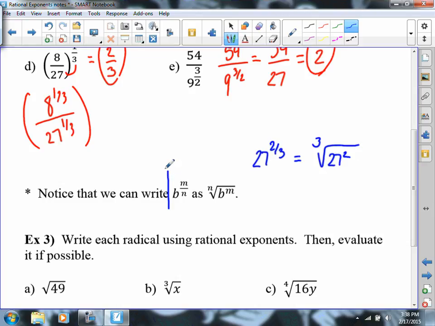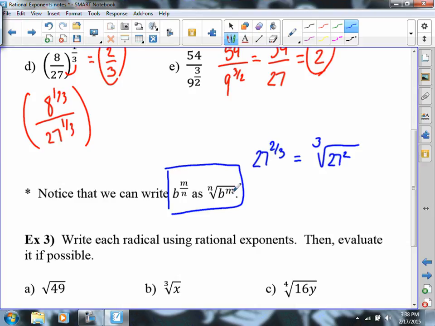And this is another way that we can rewrite our expressions with fractional exponents. We can go from the radical to a fractional exponent, or from a fractional exponent back into a radical. We can rewrite them in either direction. So when your base has an exponent on it that's other than 1, that exponent becomes the numerator, and the root still is the denominator.